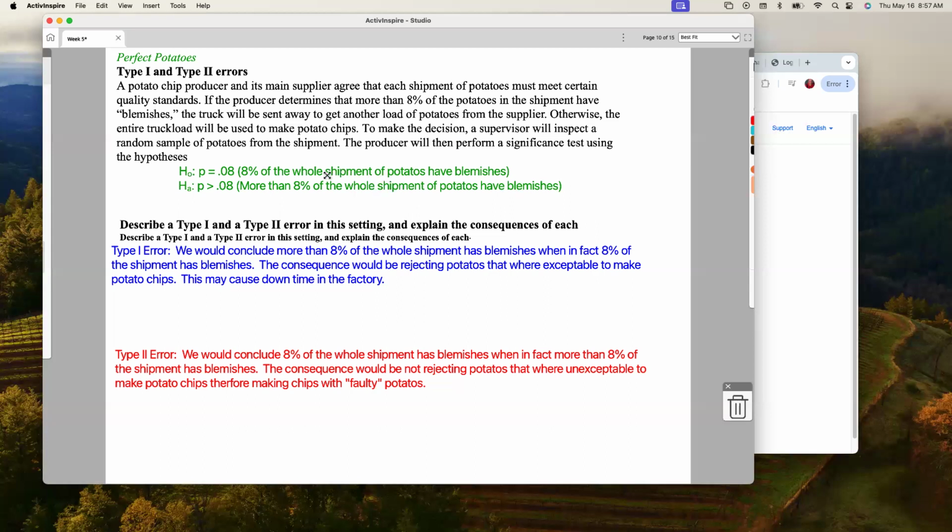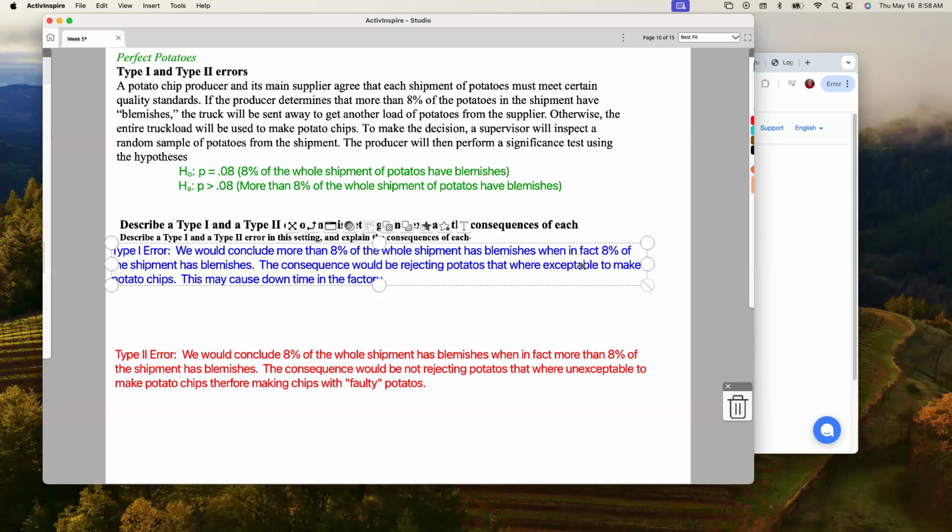So now we can make a type 1 or type 2 error. A type 1 is rejecting this null here when in fact it's true. So if we put that in context, we would conclude we're rejecting it. We're saying that more than 8% of these potatoes have blemishes, when in fact only 8% or maybe even less have blemishes, okay? So the consequence would be rejecting potatoes that were acceptable.